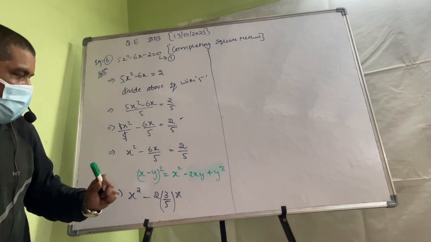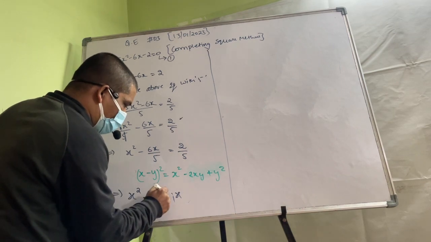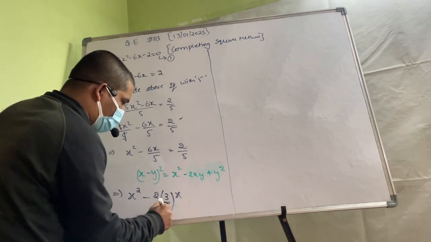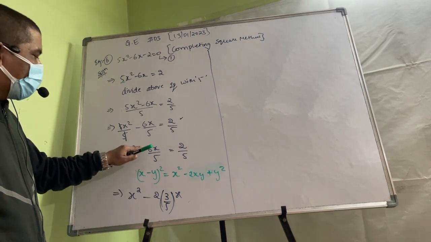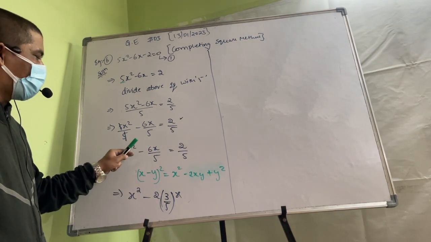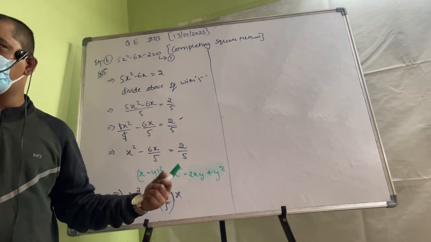Clear? Now, same thing, see. Okay, let it be this step like this only. Next step we'll use. So I can do it like this. 6 I am writing as 2 into 3. So 2 I wrote separately, 3 by 5 I wrote separately, x I wrote separately. All of them are in multiplication.